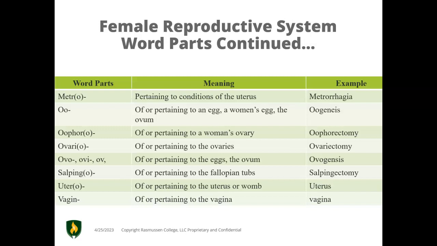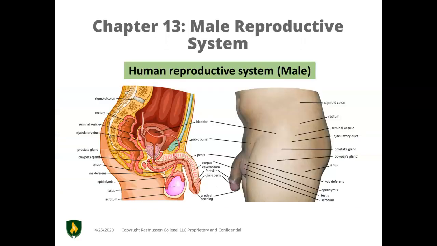And we're going to round out this course announcement with chapter 13, which is talking about the male reproductive system. Now, the male reproductive system produces, maintains, and transports sperm, which is the sex cell for males required for fertilization.